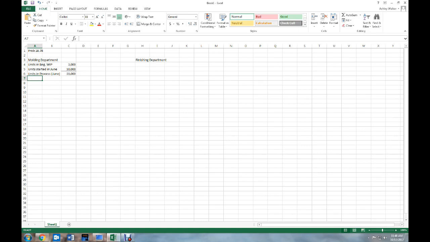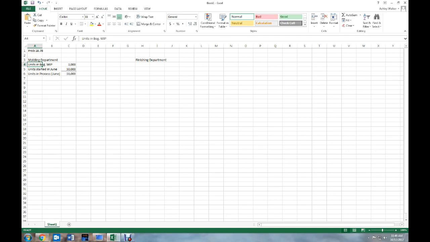I've gotten a little bit done here. So our units in beginning work in process, if we go look at the fact pattern, we look at the table and see that we have beginning inventories on June 1st. And then we see physical units in production carried forward from May 31st.